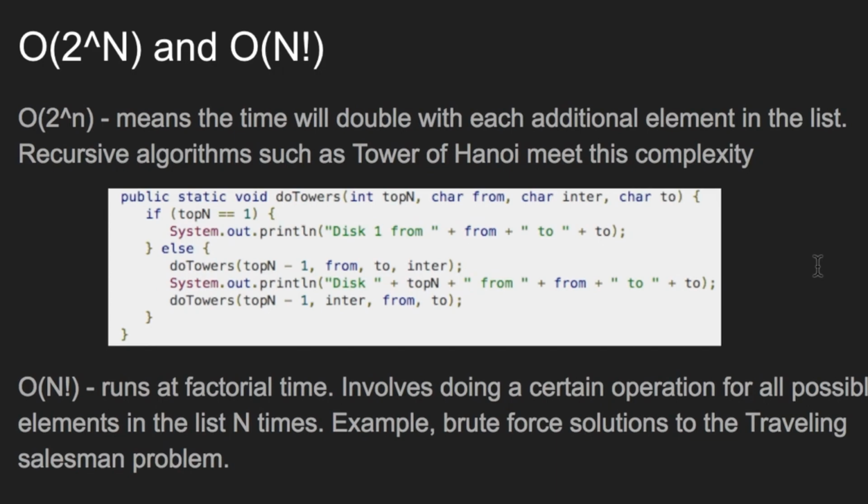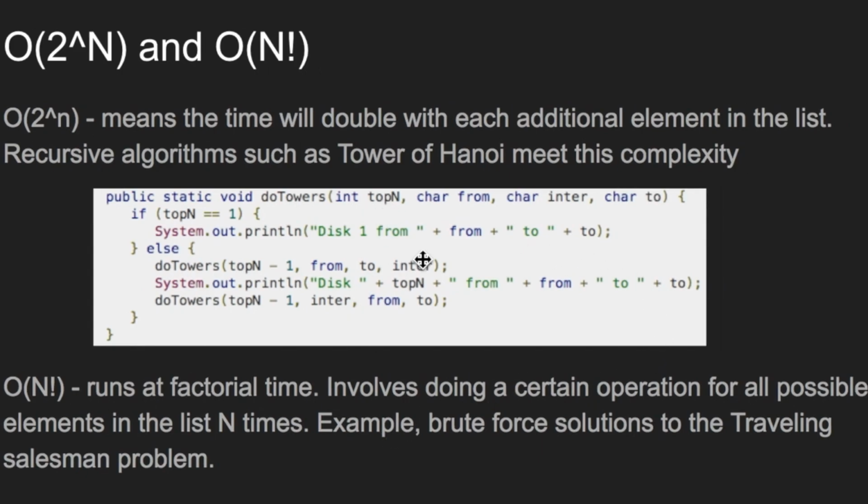Examples are recursive algorithms such as the Tower of Hanoi, and you can see you have these 2 different recursive calls, and so as n increases, this gets very time consuming.